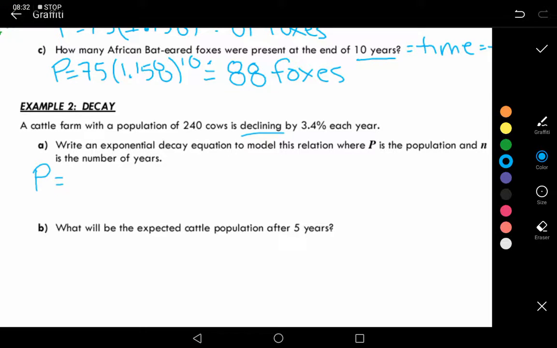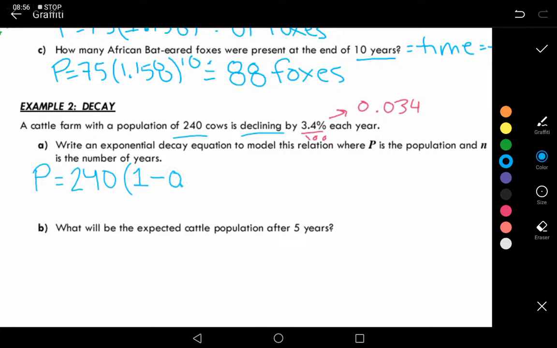Our initial value here, again, we take that right from the question. Our original population is 240 cows. We are decreasing, so we know that has to be 1 minus the percent as a decimal. So in order to turn that into a decimal, again, we're dividing by 100, which would give us 0.034.